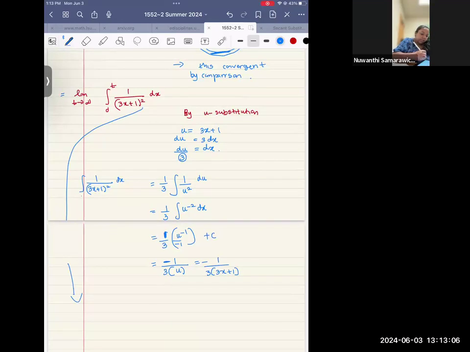So this is equal to the limit as t goes to infinity of negative 1 over 3(3x plus 1) from 0 to t.